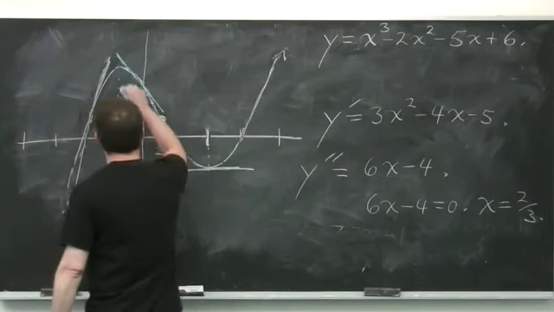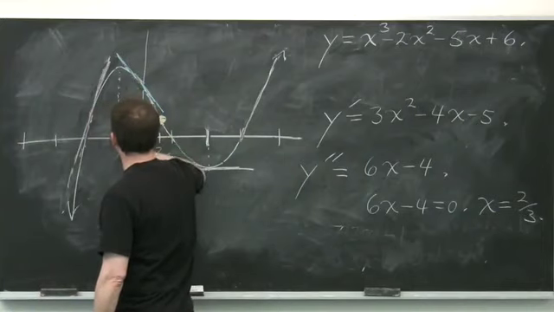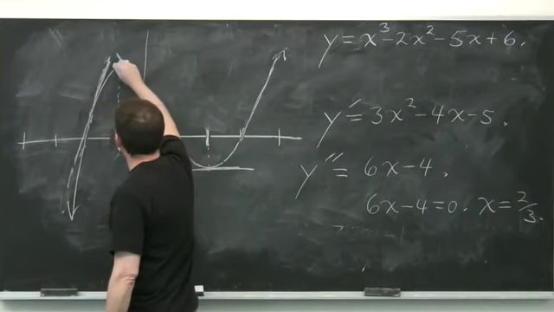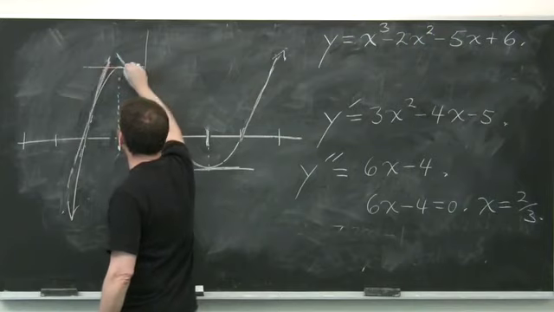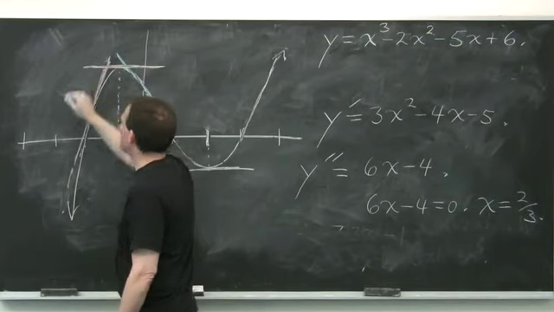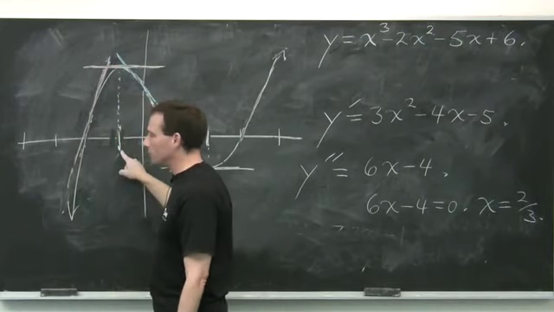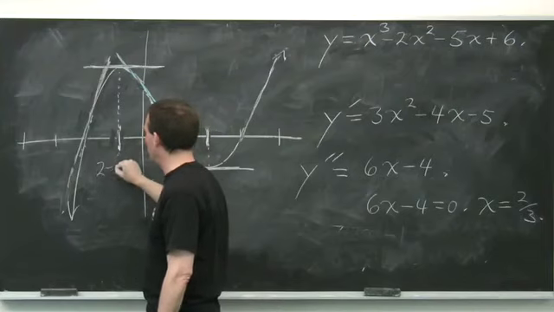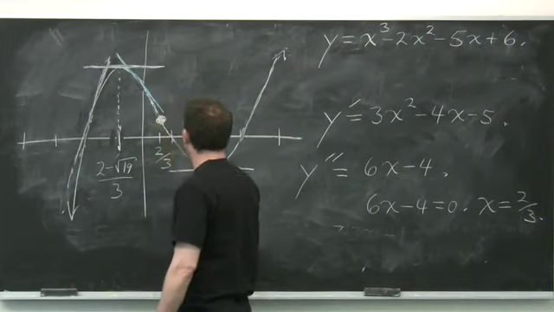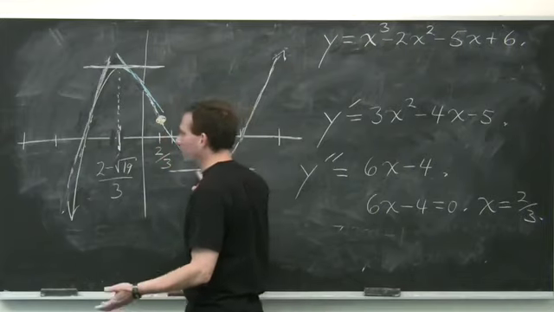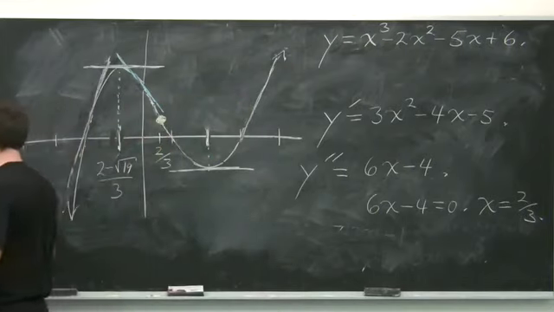So that's where we're seeing this horizontal tangent line, this slope 0. This is really 2 minus the square root of 19 over 3. Where are we finding this other horizontal tangent line?